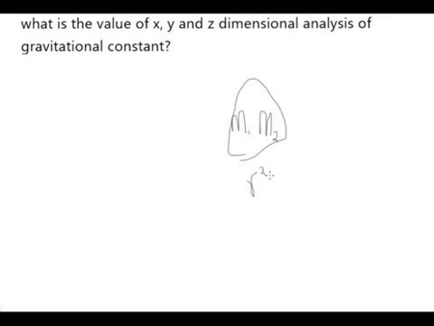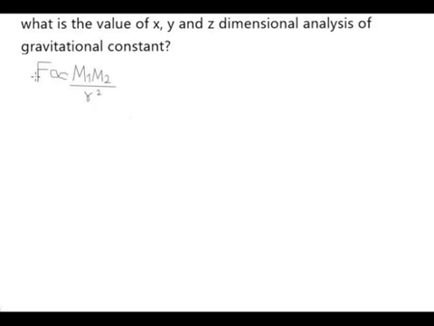Mathematically, the law can be represented as F being directly proportional to m1 m2 all over r squared, where F is the force, m1 and m2 are the masses of the two objects, and r is the distance separating m1 and m2.